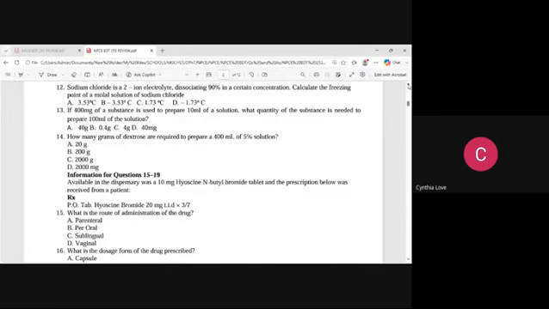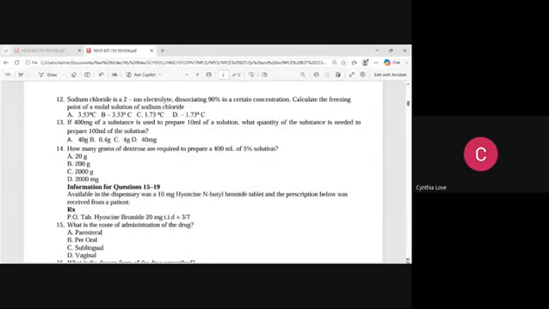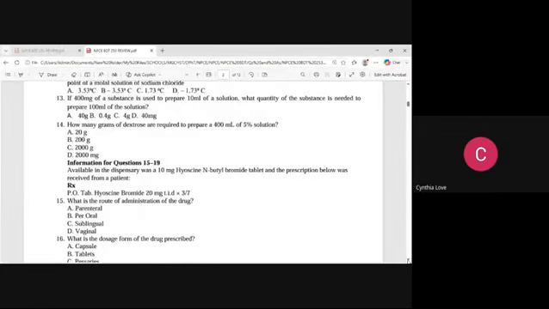If 400 mg is to 10 ml, how many mg is for 100 ml? 400 times 100 divided by 10, you will now have 4,000 mg.